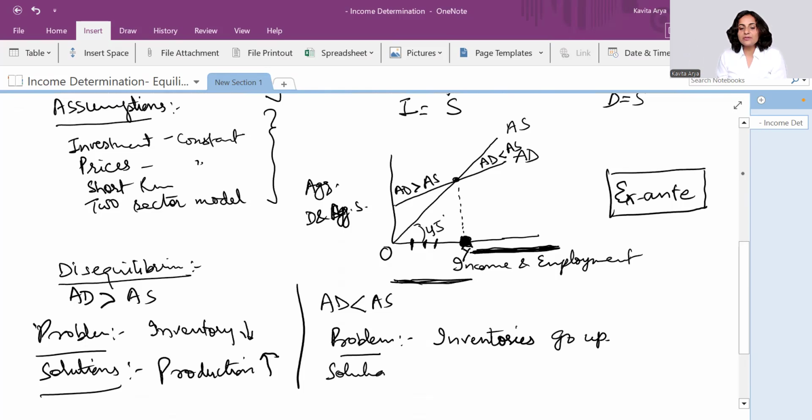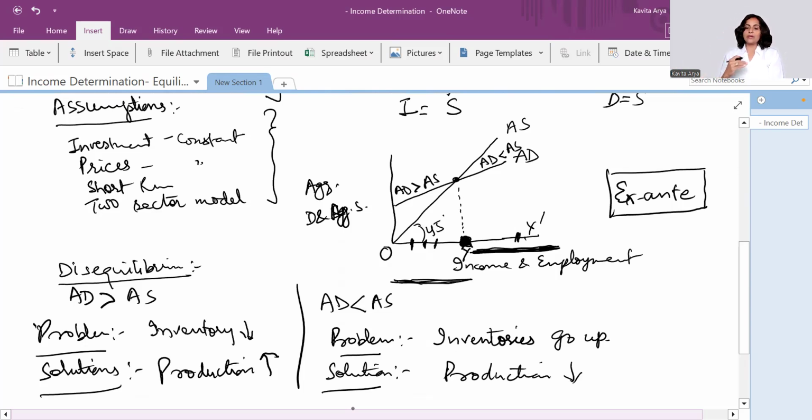The solution is we should come back to this level of OY, if we are presently at this level of OY dash. So what's the remedy? The production should be reduced. And when the production is reduced, the unwanted stock which has piled up will gradually get used up and diminish, and hence AD will become equal to AS.